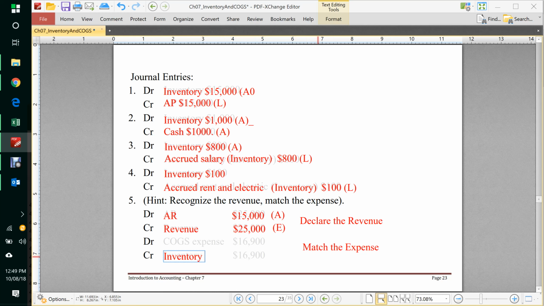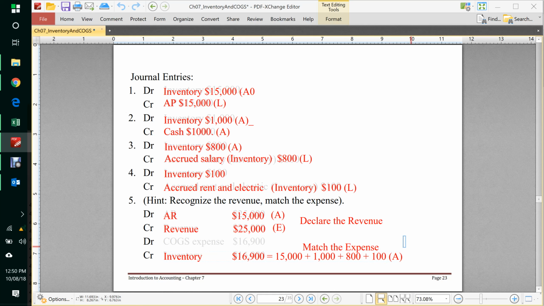Okay, so now we need to add up everything that has gone into this container, and I think that you're going to find it 16,900, which equals 15,000 plus what, 1,000 plus 800 plus 100, everything that went into that, and that's an asset.